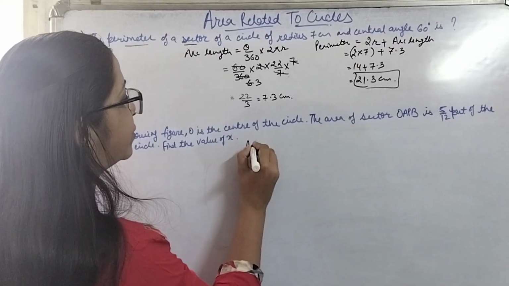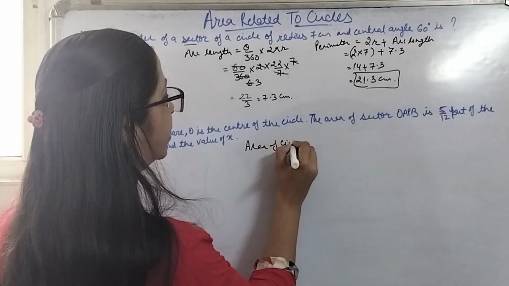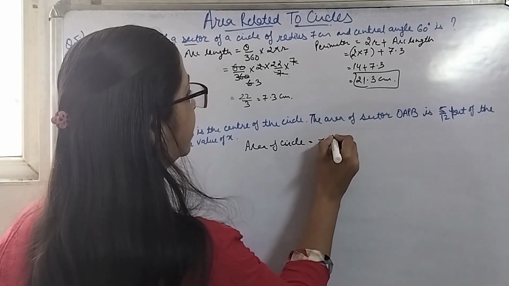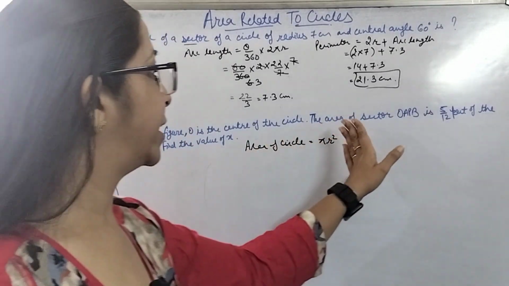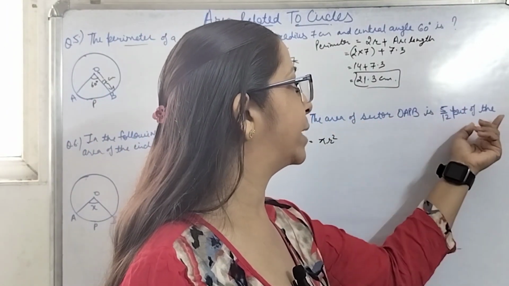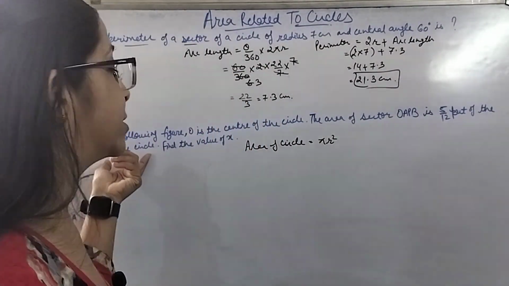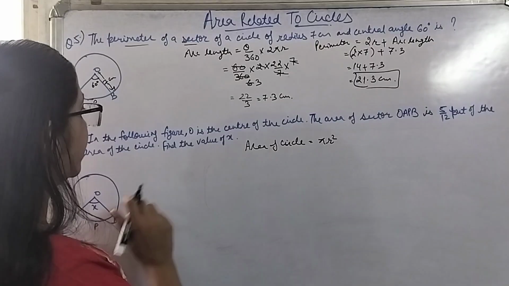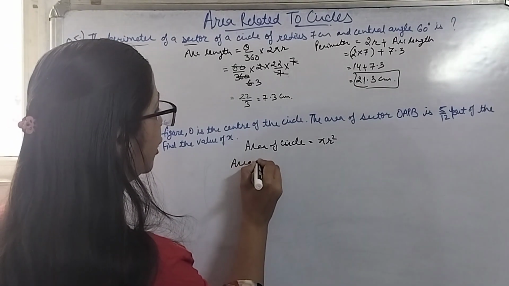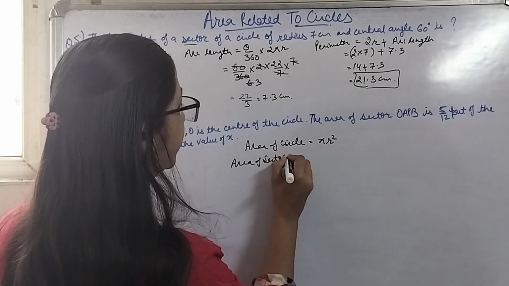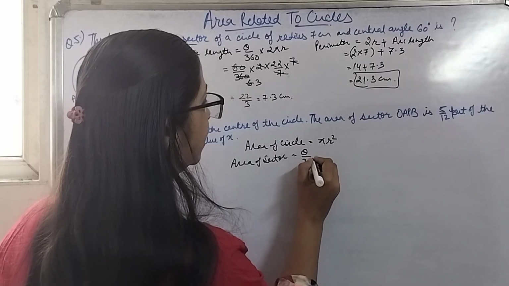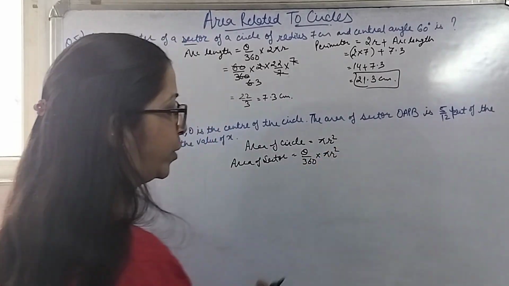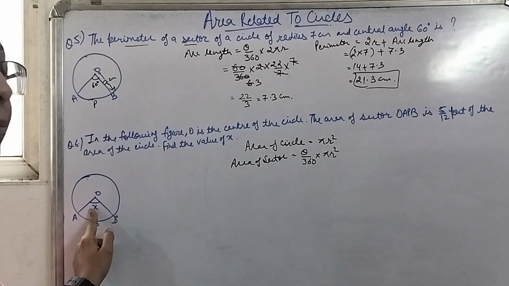We know that the area of a circle is pi r square, and it is given that the area of the sector is 5 upon 12 times the circle. Now the area of a sector is given by theta over 360 multiplied by pi r square. Over here theta is x.